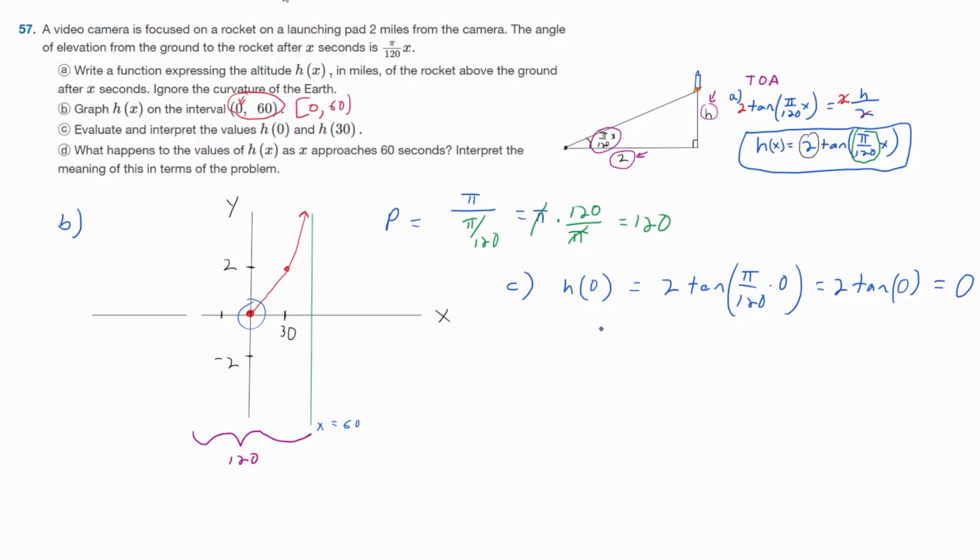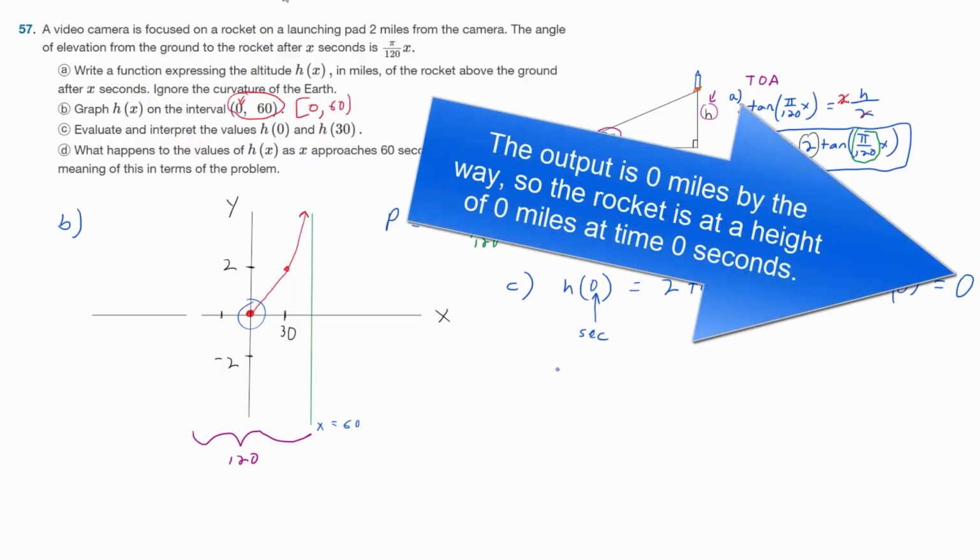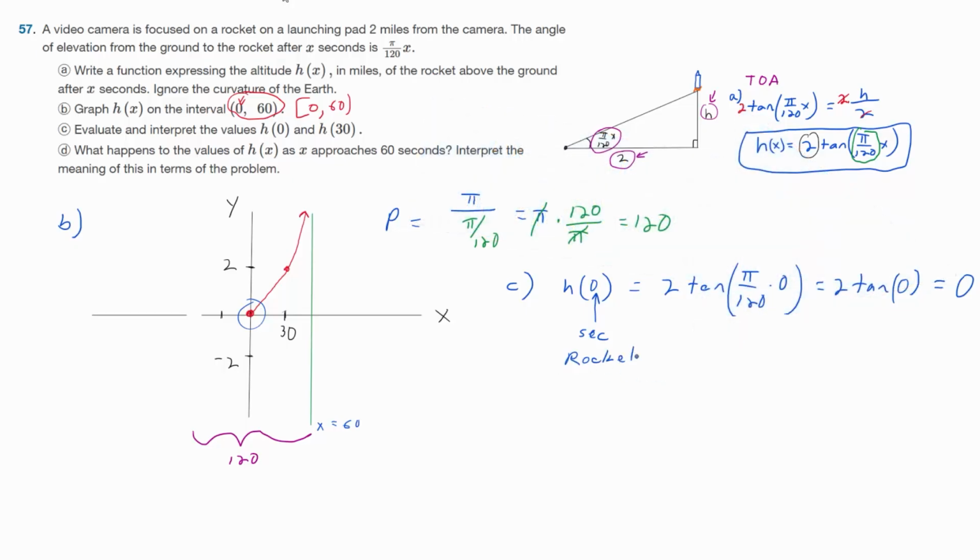It says interpret that value. It's just the rocket's still on the launch pad because the input is in seconds. That's 0 seconds. So that's right as the rocket's about to launch. So the rocket hasn't launched yet. It's sitting on the launch pad.